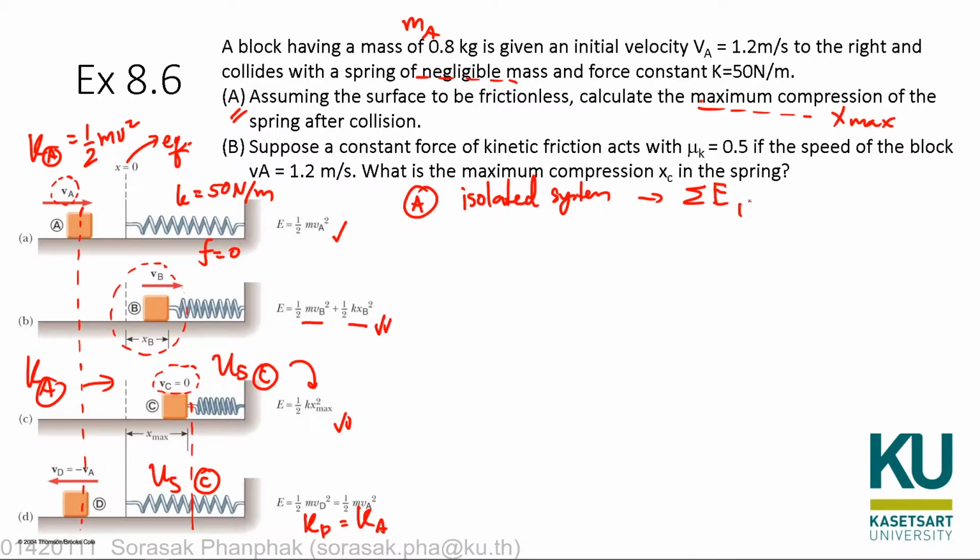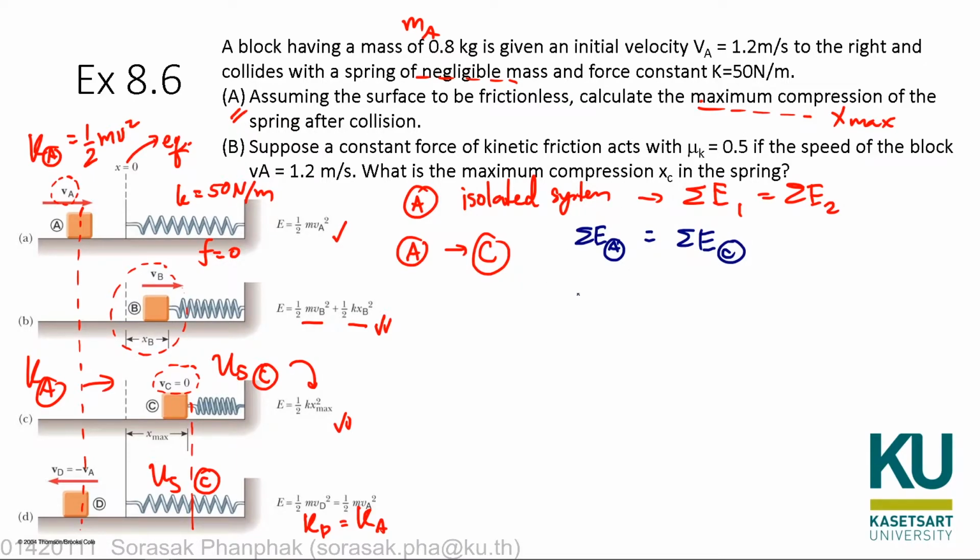Sigma E1 equal to sigma E2. This is the conservation of energy. Now you can apply it. Which states would you like to investigate? From A to C, because at C you have the maximum compression. So you have sigma EA equal to sigma EC.